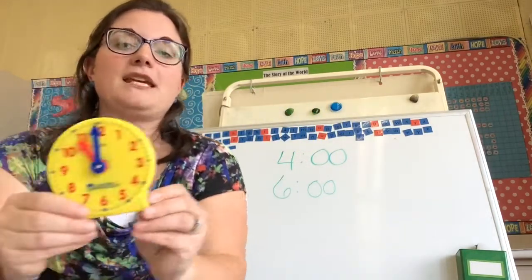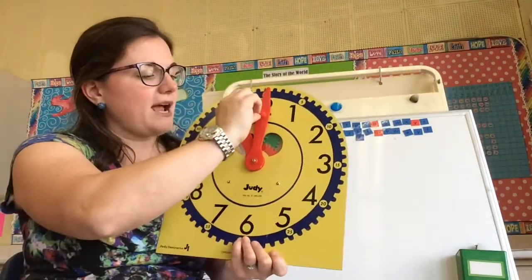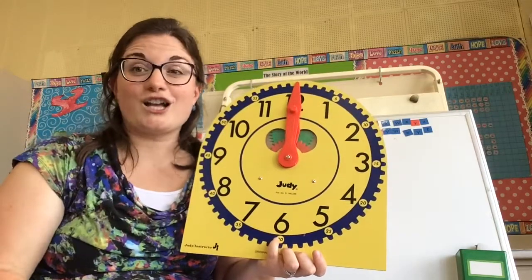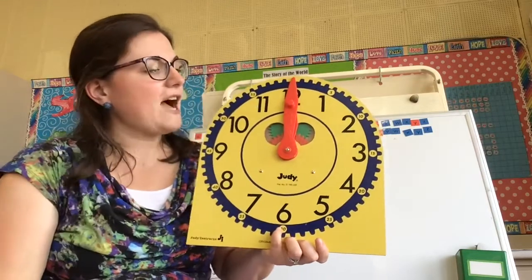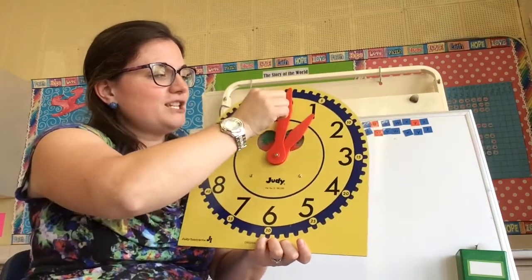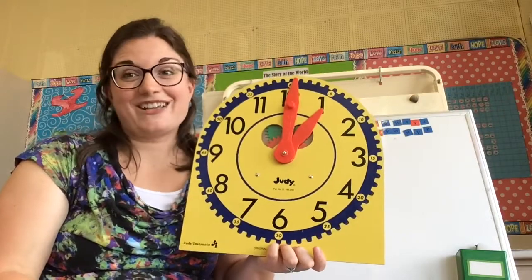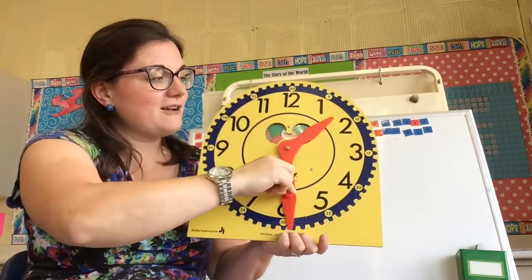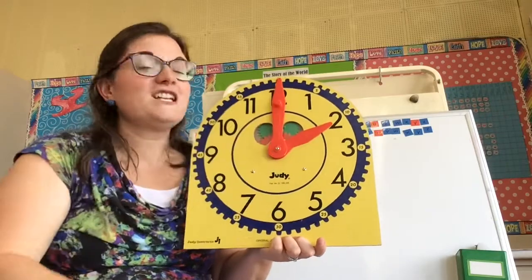11 to 3. So with this clock, let's go around together. Let's go all the way around. That will be 12 o'clock, and all the way around is 1 hour. Let's go all the way around again, which is 1 o'clock. That's 2 hours. Do it again with me. All the way around is 2 o'clock.